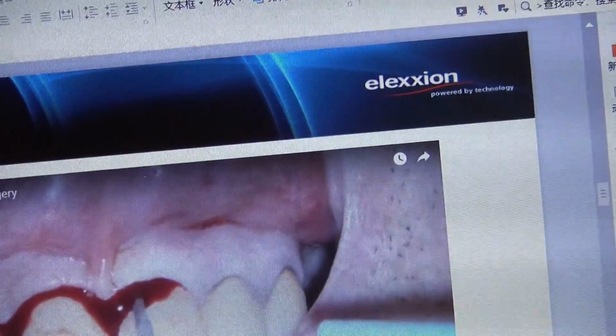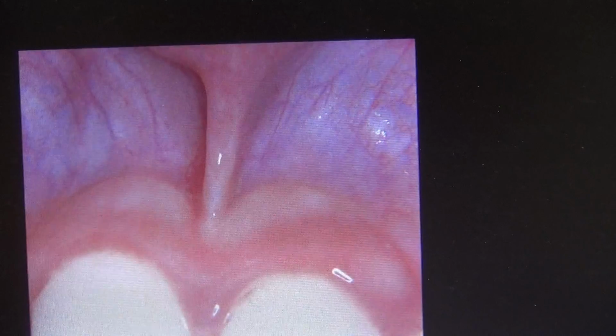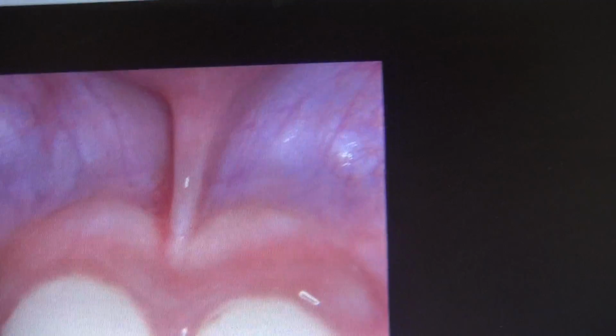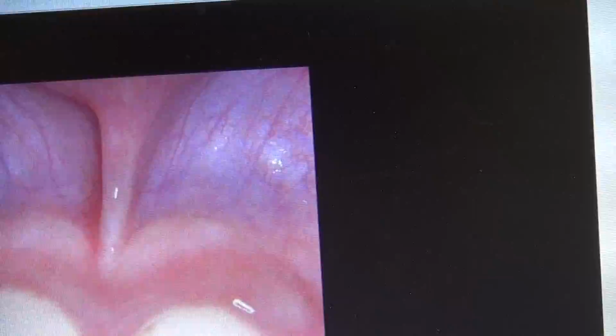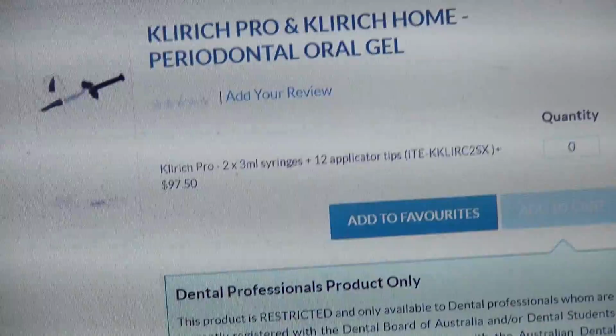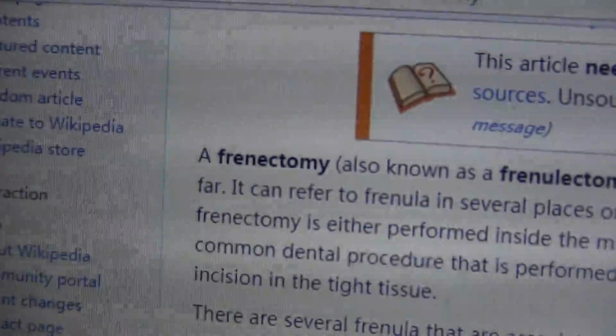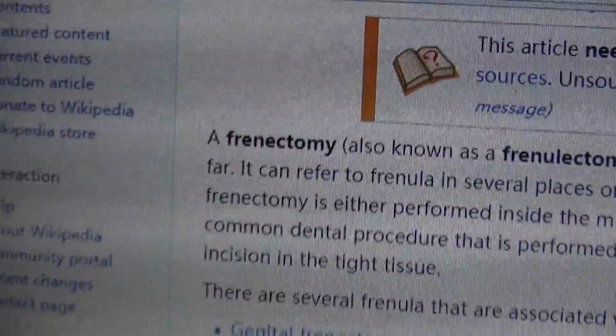For example, for one kind of condition, we call it, sorry, I forgot how to say it. Frenectomy.